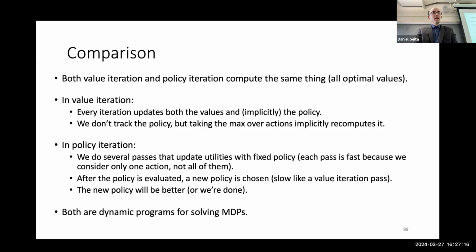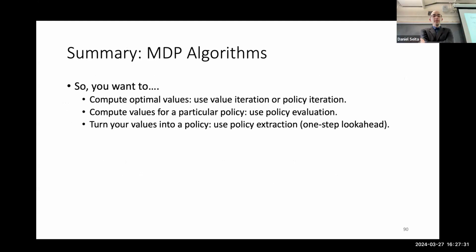And both of these are, again, types of dynamic programming algorithms. If you've taken an algorithms course, you'll be familiar with dynamic programming, and that's basically what's going on here. So if you want to compute optimal values, you can use value iteration or policy iteration.